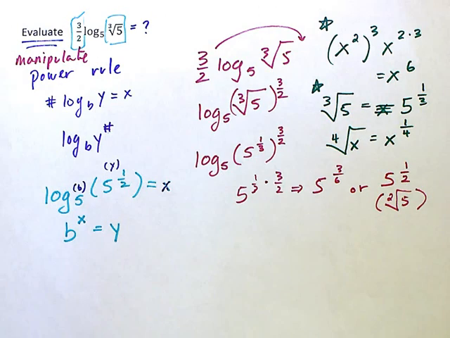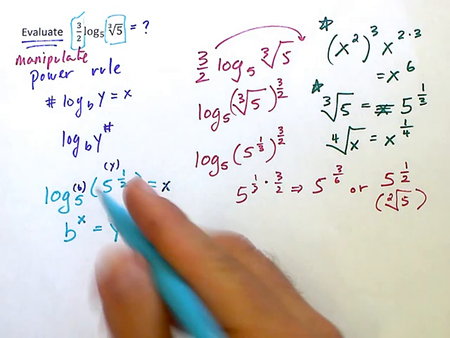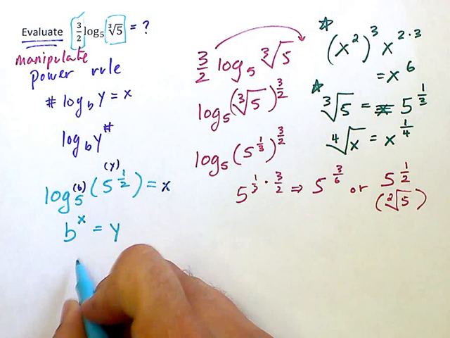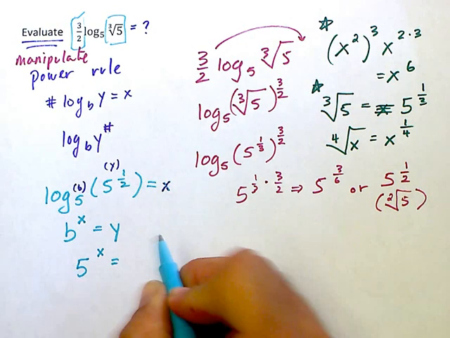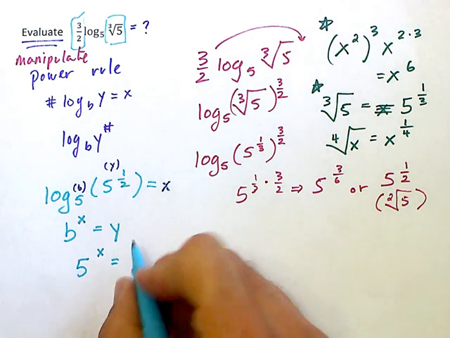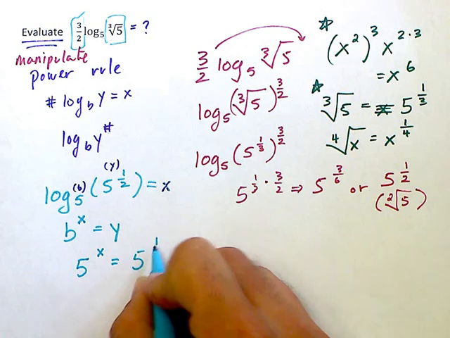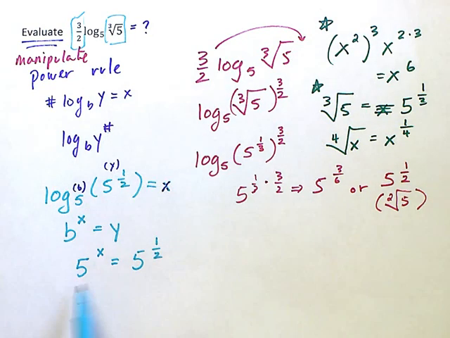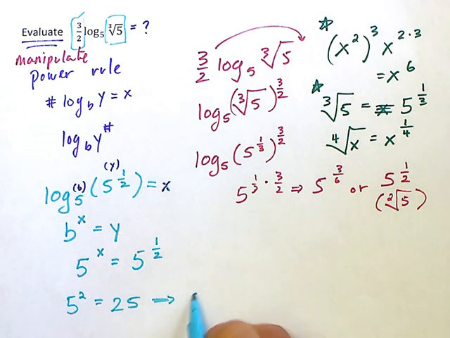So let's rewrite this as 5 to the power of x is equal to 5 to the 1/2. That's our result.